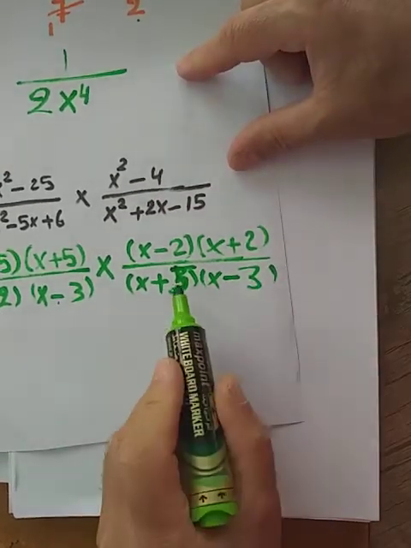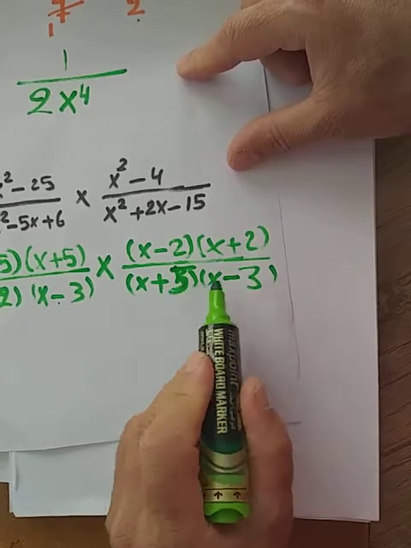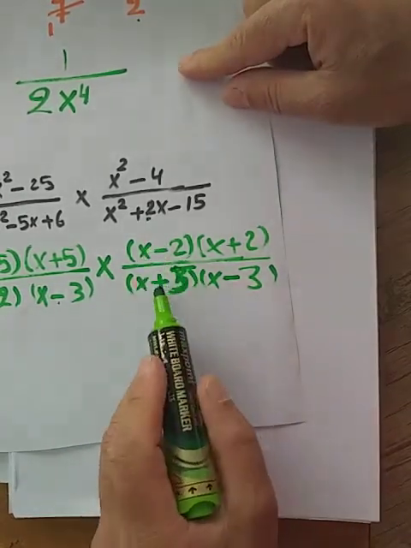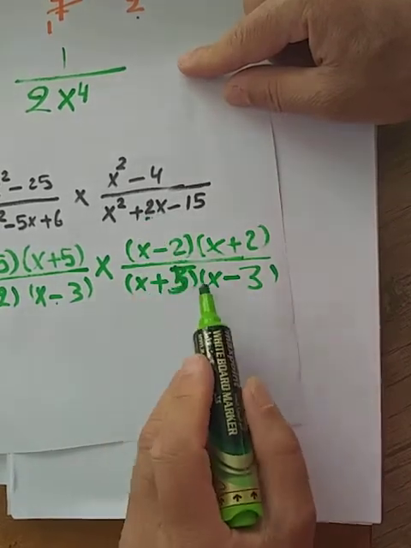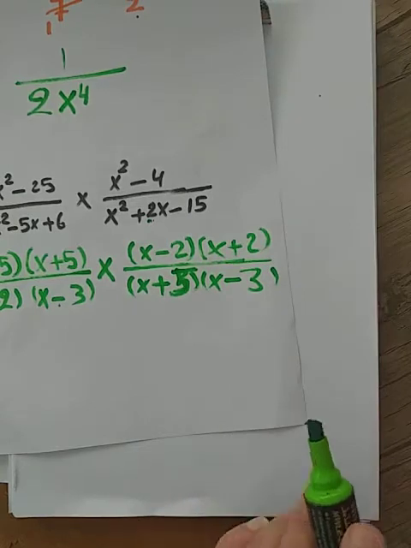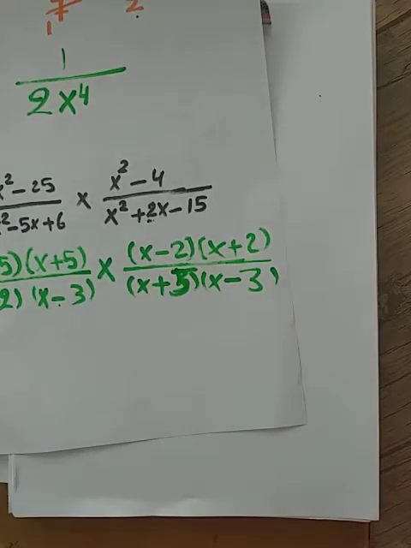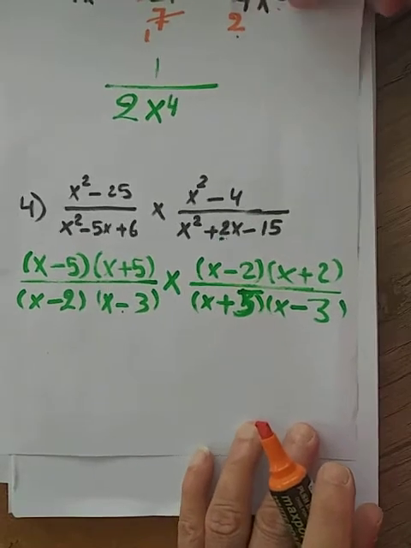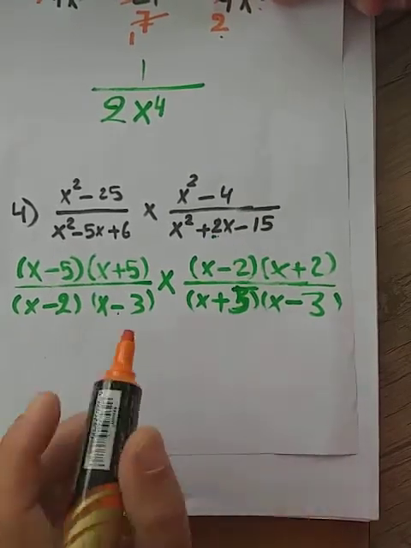Now we check the answer. 5 minus 3 is 2. You have 2. Look. 5 times 3 is 15, negative. After you factorize, we look for reducing and canceling.